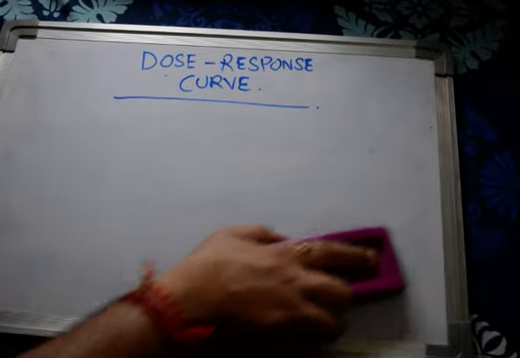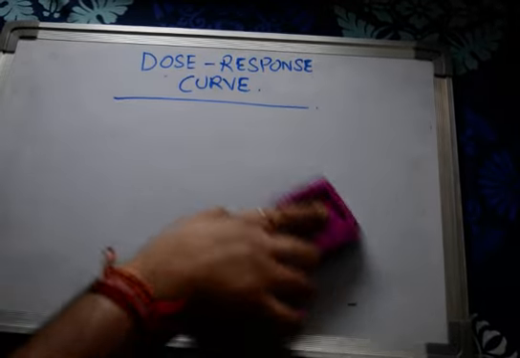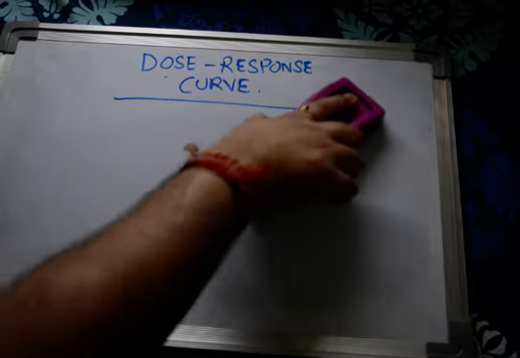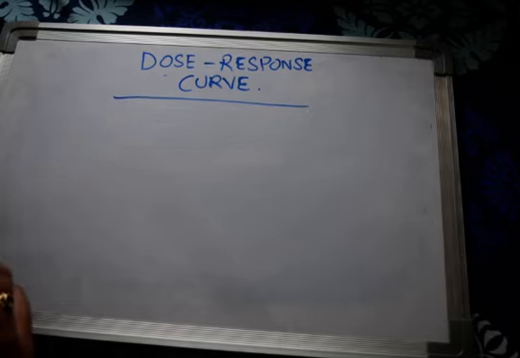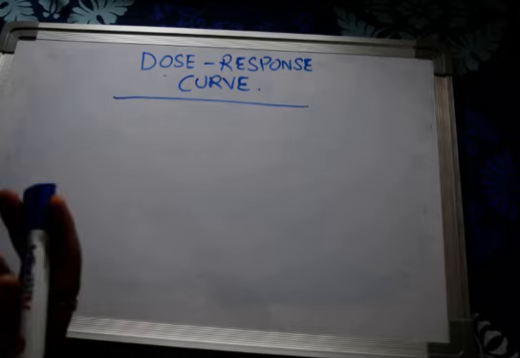Say for example, if we are going for a toxicity study in experimental animals, we are looking for the toxicity of a particular drug. So we give some dose to all the experimental animals, and we see on giving that dose how many of them die.